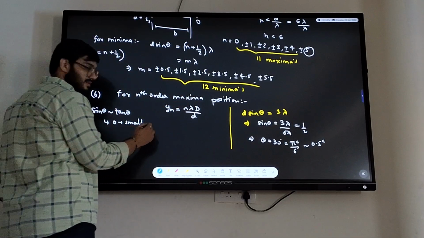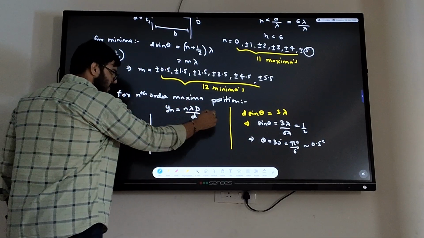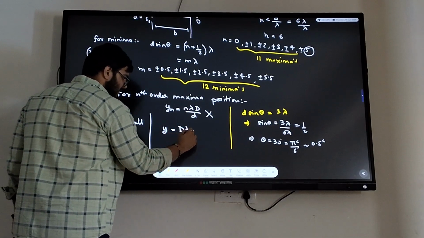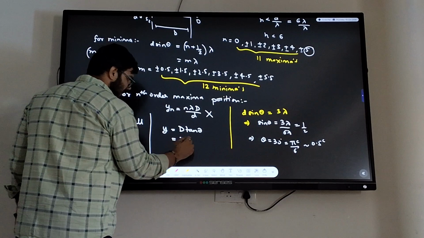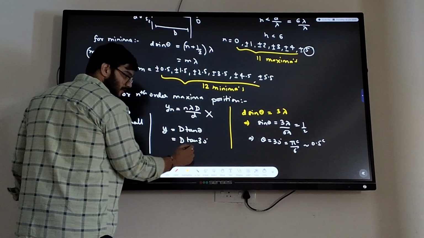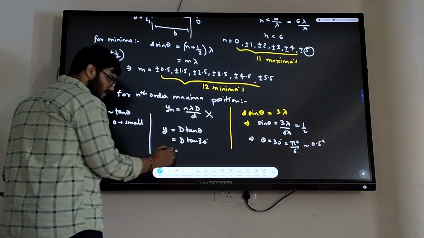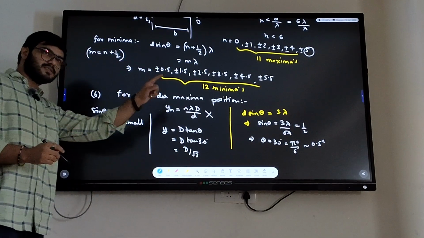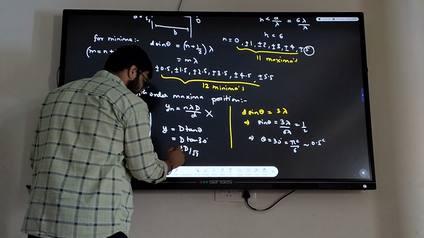It would be tan theta. So y is equal to D tan theta, D tan 30, and that will be D by root 3. But there are two maximas, so plus or minus D by root 3.